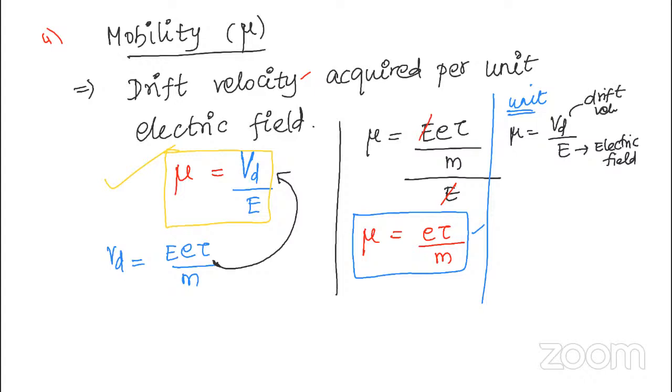For velocity we write meter second power minus 1.